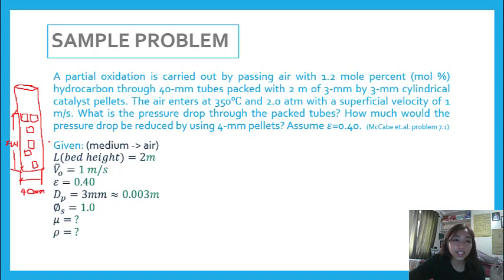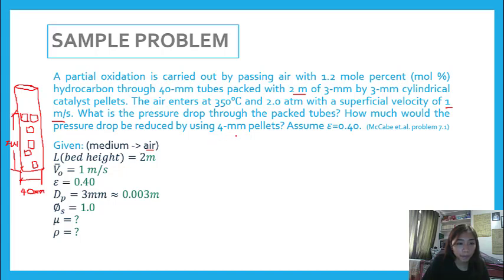Next, let's determine the given. So we have here, the medium is air. We also have the bed height of 2 meters. We also have a superficial velocity of 1 meter per second.